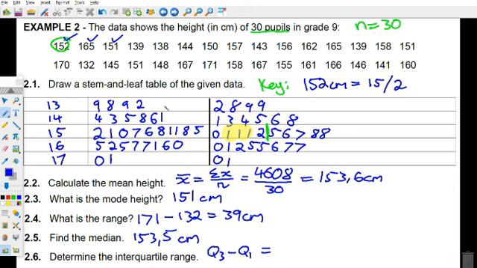So let's have a look here. 1, 2, 3, 4, 5, 6, 7, 8. Okay, so 145 is quartile 1. 1, 2, 3, 4, 5, 6, 7, 8. 162. So 162 minus 145 centimeters.